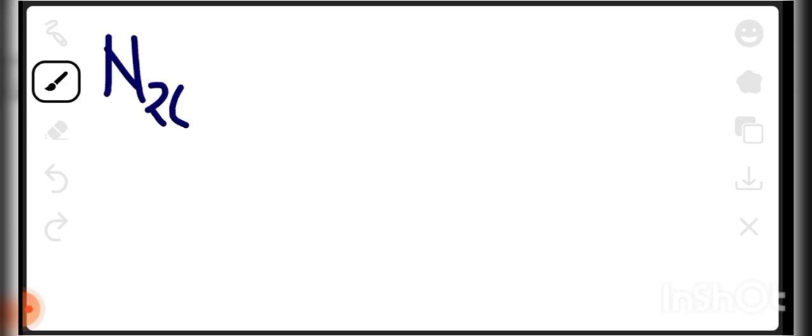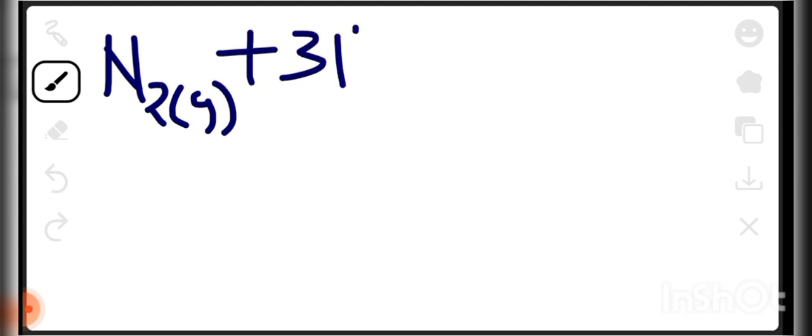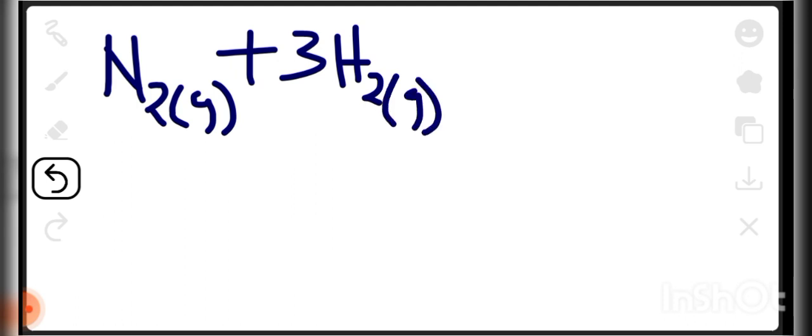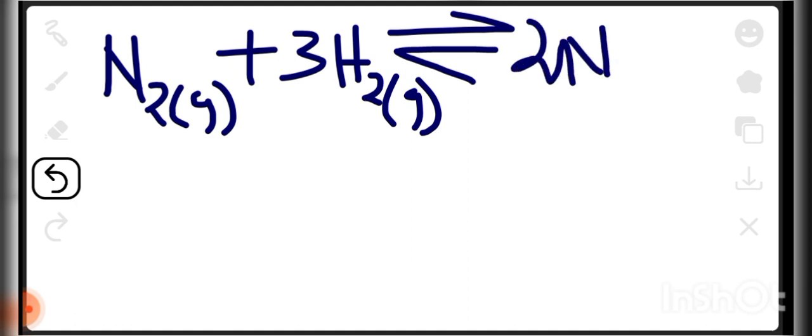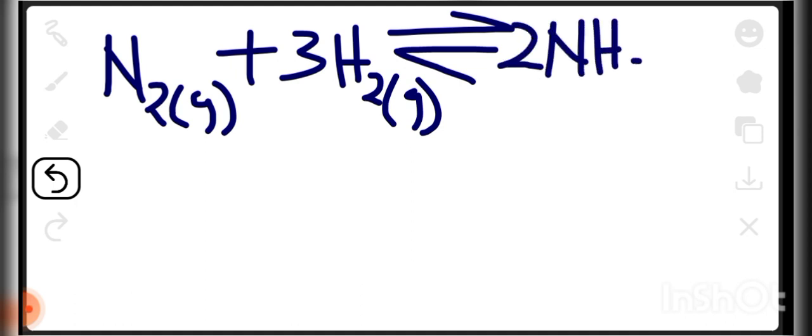N2 gaseous plus 3H2 gaseous to give 2NH3 also gaseous.